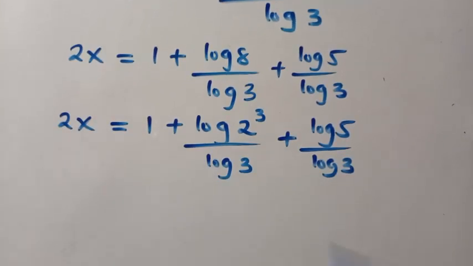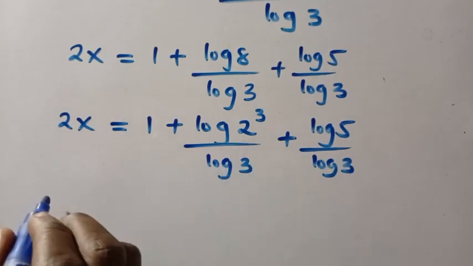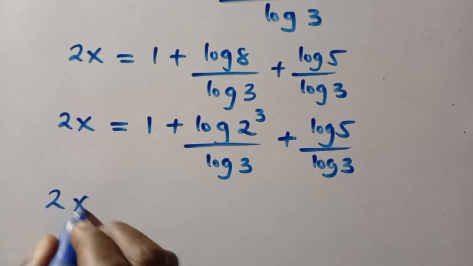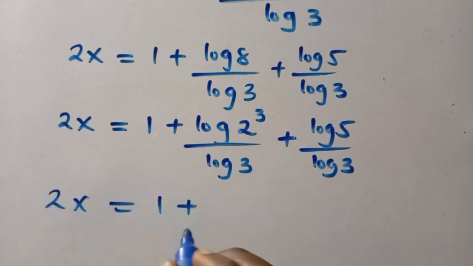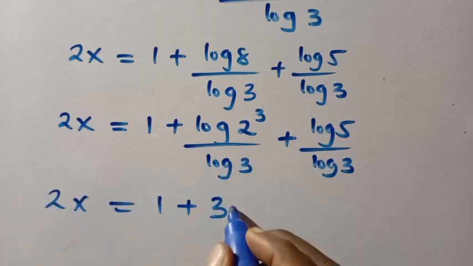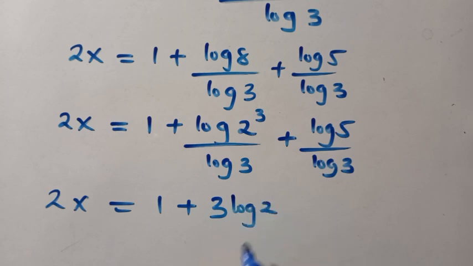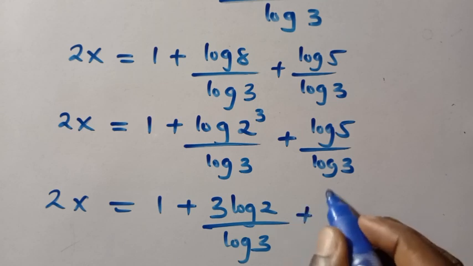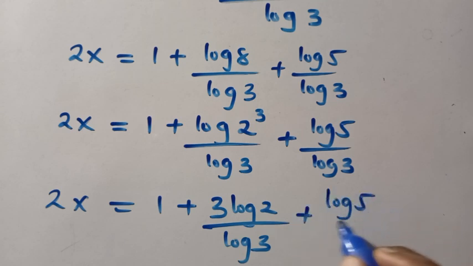And again, log 2 power 3 is the same thing as 3 log 2, so 2x equals 1 plus 3 log 2 divided by log 3 plus log 5 divided by log 3.